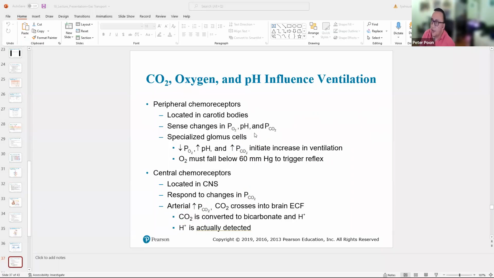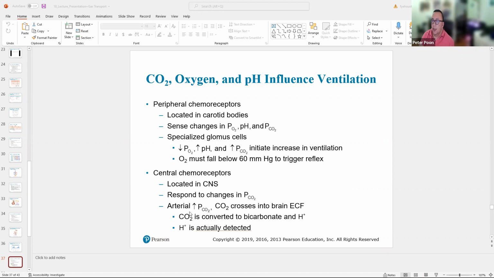I just had a little break to check something, but so oxygen must fall below 60 millimeters of mercury. That almost never happens. The average is from 175, so to go all the way down to 60 is pretty dramatic. But we actually measure CO2 levels. The chemoreceptors respond to changes in CO2 levels.